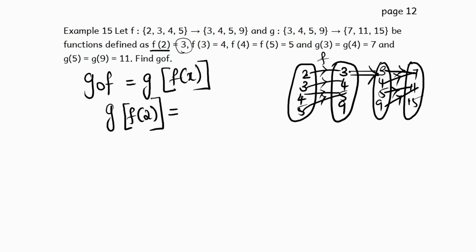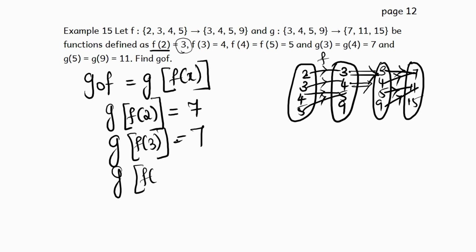Similarly, g∘f(3): f(3) is mapped to 4. This 4 in g(x) is mapped to 7. So g∘f(3) is 7. Now f(4) in the first function is mapped to 5, and 5 in the second is mapped to 11.